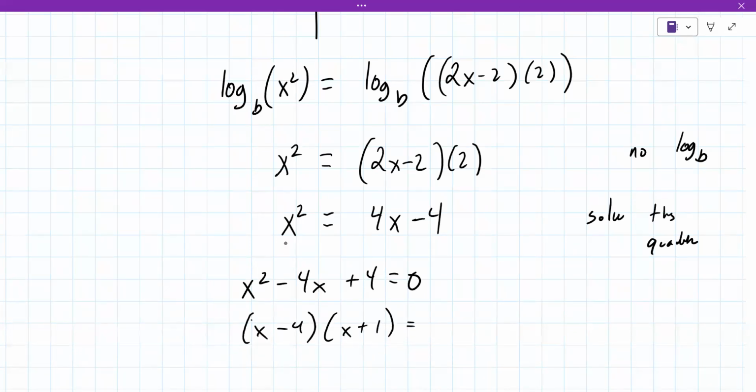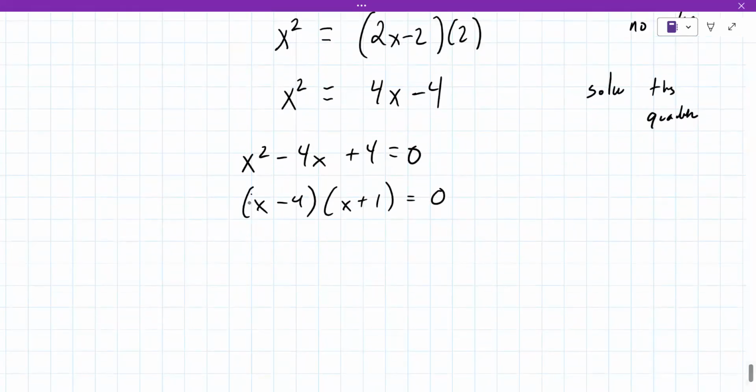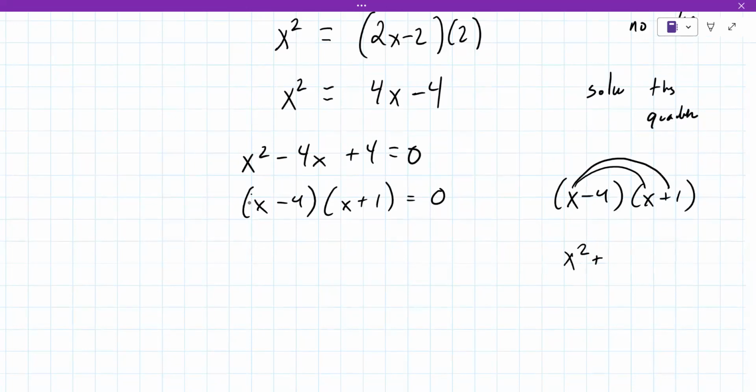If you FOIL this, you should get back to the previous line. Let's take a look. x times x is x squared. x times 1 is 1x. Minus 4 times x is minus 4x. Minus 4 times positive 1 is minus 4. This becomes x squared minus 3x minus 4. Is this the same as what you have written up above?